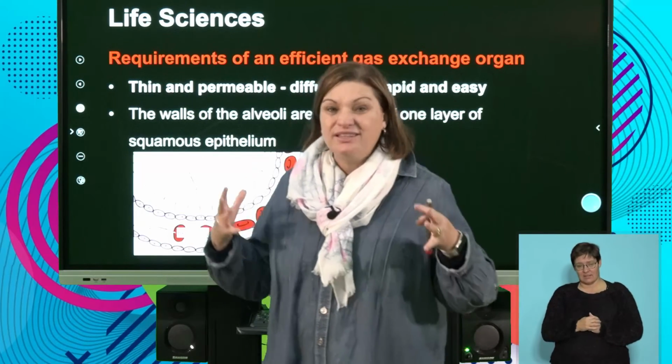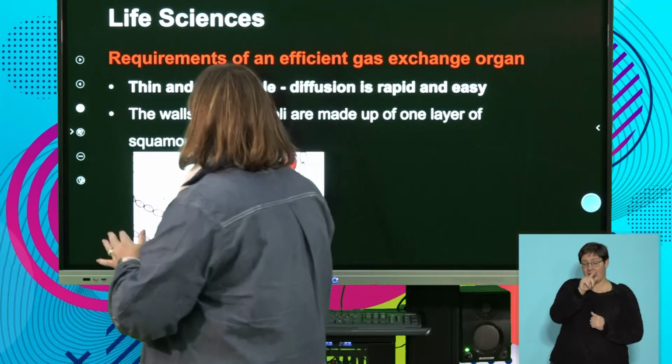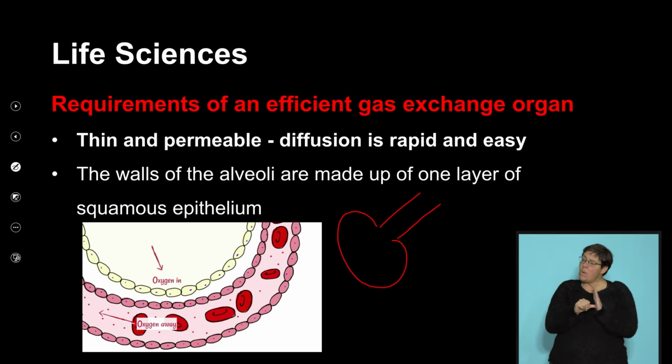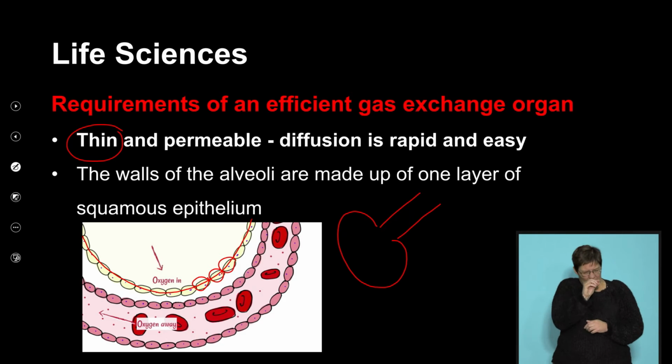So when we look at this thin and permeable layer, and again, the diagram of the alveoli is a really important one. This layer over here is the alveoli. As you can see, the reason I put this diagram in is that it's only one layer thick, which makes it very thin.